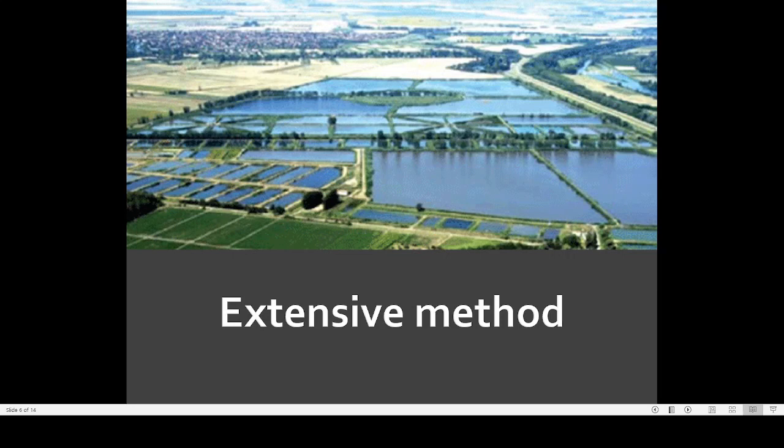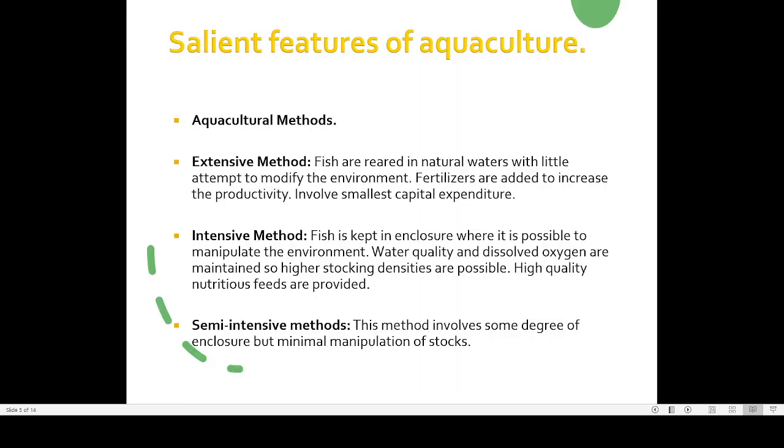We take some farms like this, and we just put the fish into the water in the farm. The only thing that we give is some fertilizer. By adding some fertilizer, we increase the productivity of the fish. The other advantage of this extensive method is that you don't need a lot of capital, a lot of money.